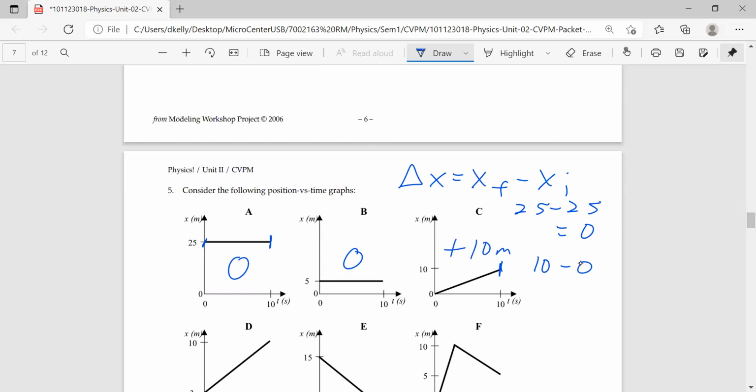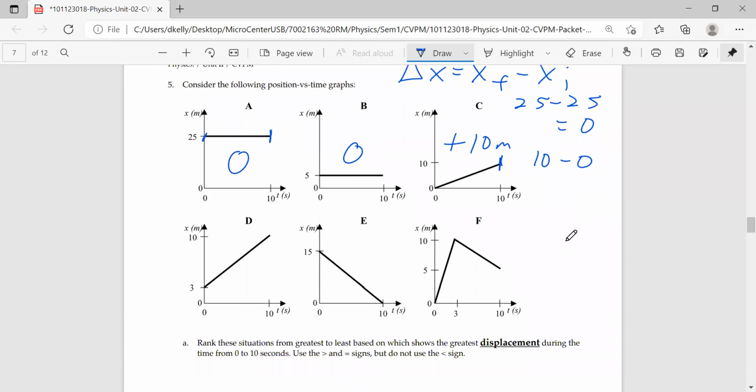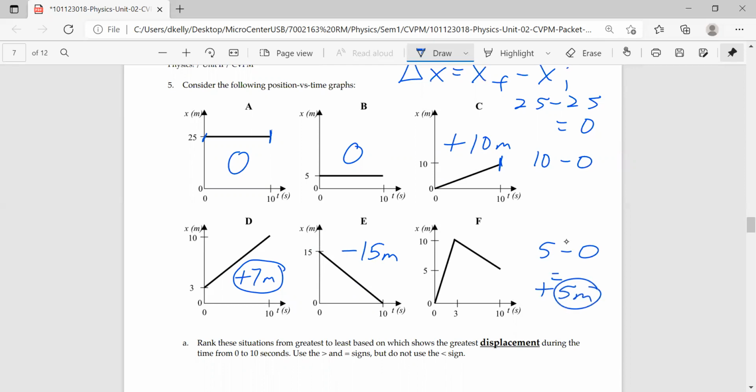Because remember, the value of a displacement has a sign and a number. All right. And then for letter D, 10 minus 3, that'll be plus 7. And for E, 0 minus 15, negative 15. And then for F, the final position is 5, and the initial is 0. 5 minus 0 plus 5 for F.